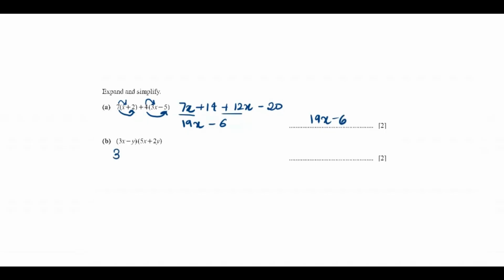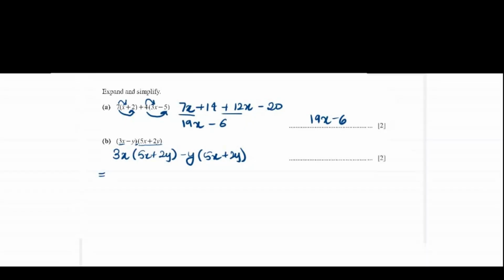Next, we have two variables here, but the steps remain the same. First term of the first bracket multiplied by the whole of the second bracket, followed by the second term of the first bracket and the whole of the second bracket. Three times 5 gives me a 15, and x times x gives me a 15x square.